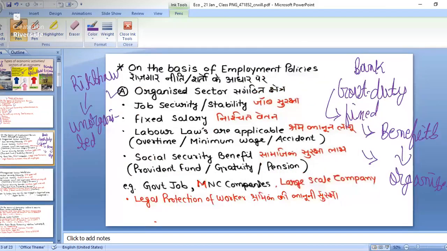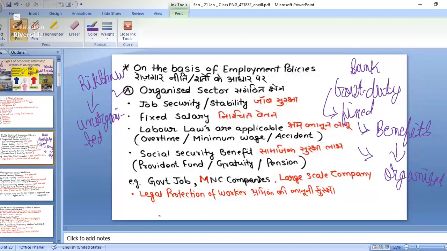First we'll see the organized sector. In the organized sector, we have job security, or job stability, and a fixed salary. Labor laws are applicable here.